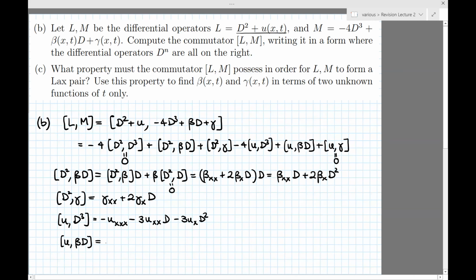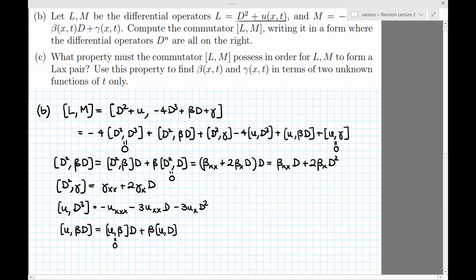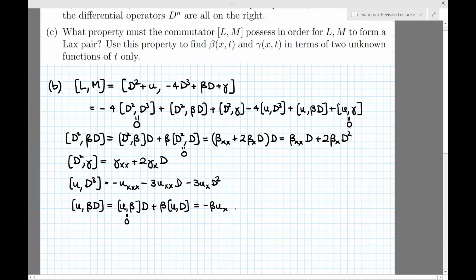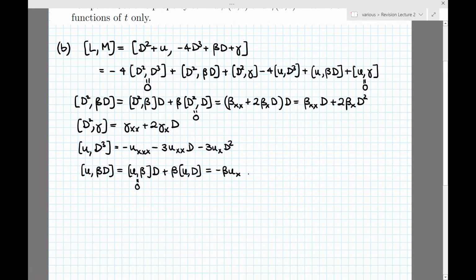That's equal to the commutator of u with beta times d plus beta times the commutator of u with d. The first commutator of u with beta is 0 because u and beta are just two functions of x and t. And for the second commutator, we use the identity derived earlier. So that's minus beta ux.